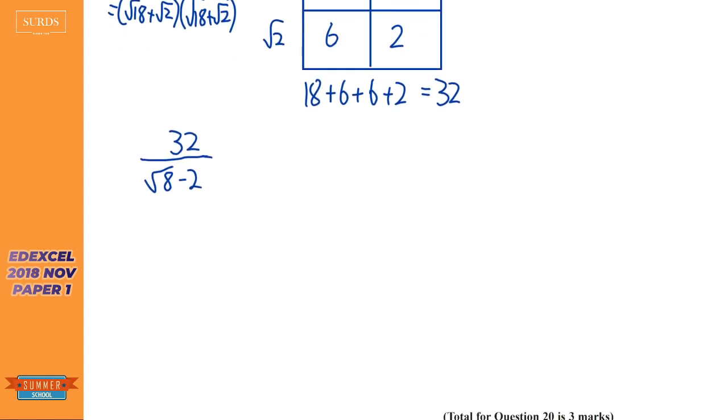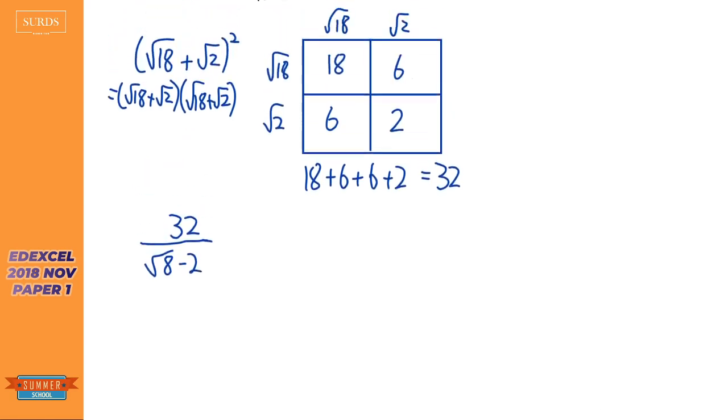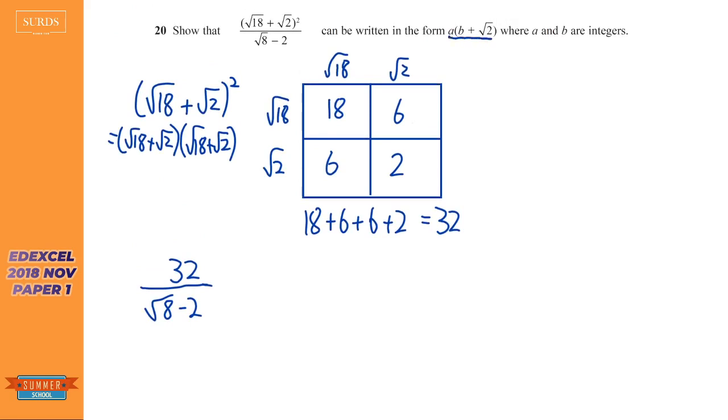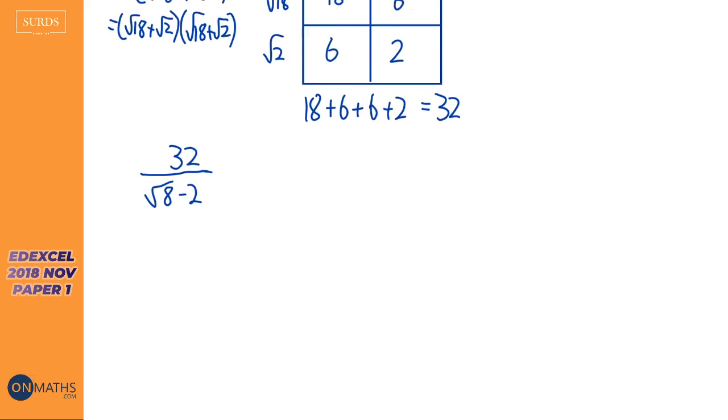Okay, next thing is we need to rationalize the denominator, because if you look, there's no fraction in our answer here. So we definitely need to rationalize. Now this is quite difficult because what your instincts might say is that you times it by root 8 over root 8, but that's completely wrong, because that won't get rid of the root 8.